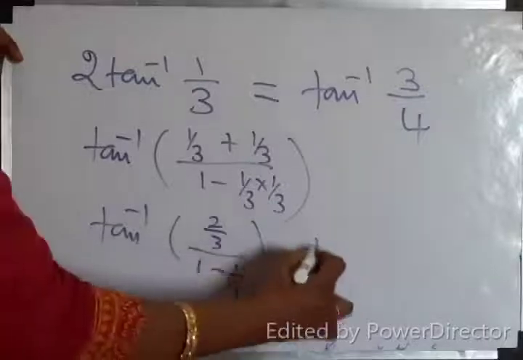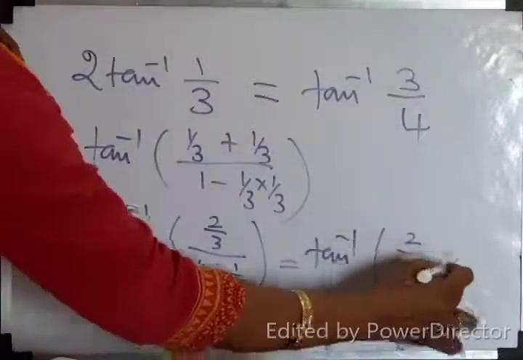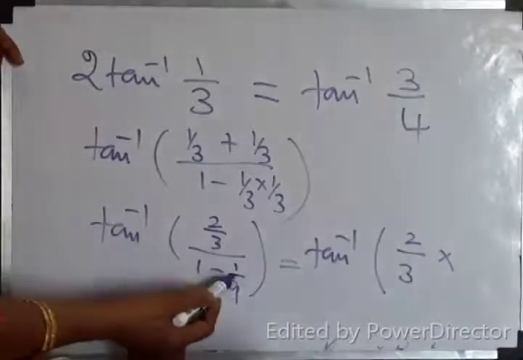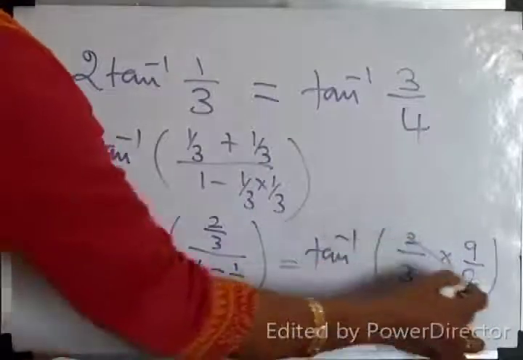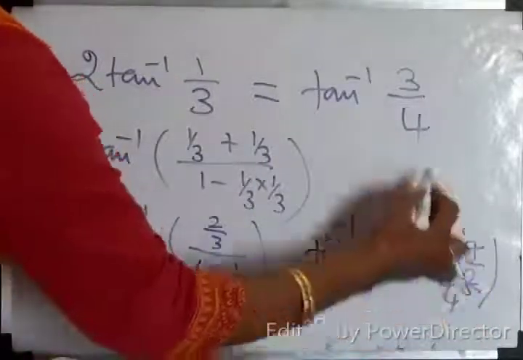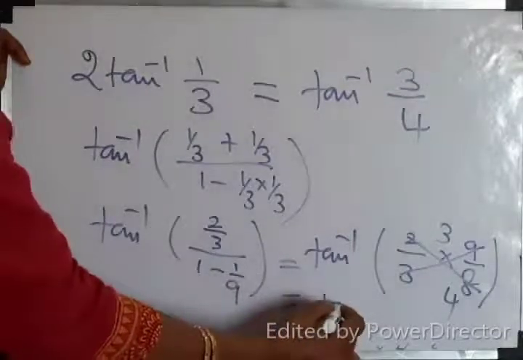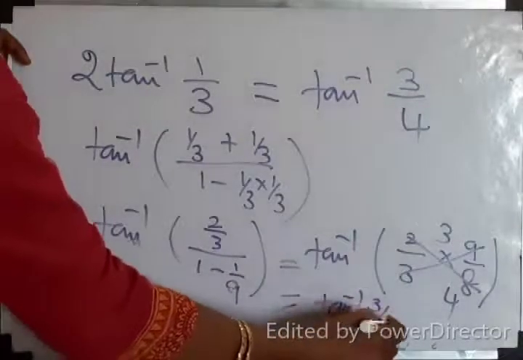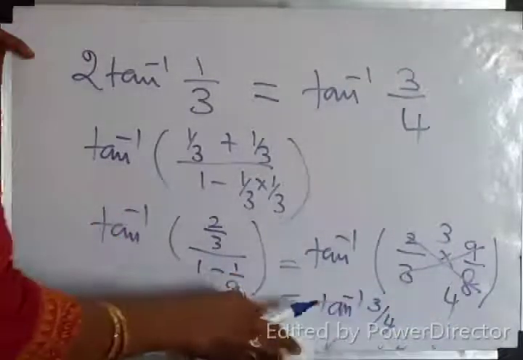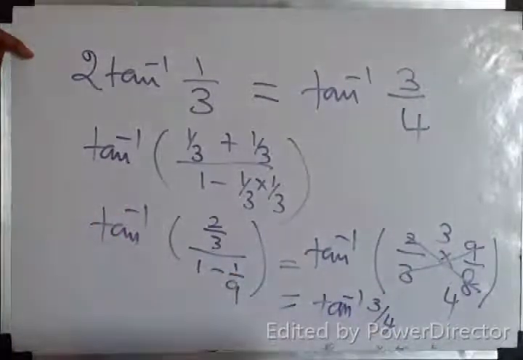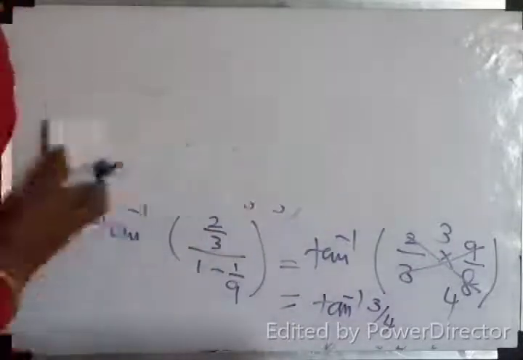So you can simplify: tan inverse of 2 by 3 into 9 by 8. Simplify 4, this is 3. So the answer is tan inverse 3 by 4. Correct. Do you understand, children? Very simple question. We'll do some more, you will follow.